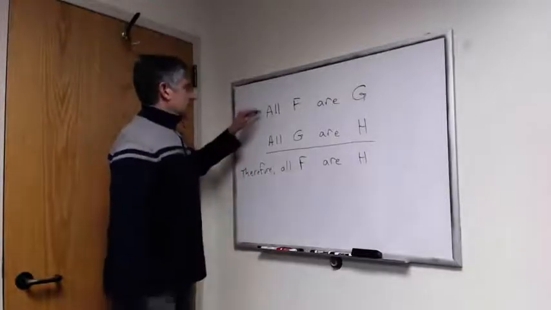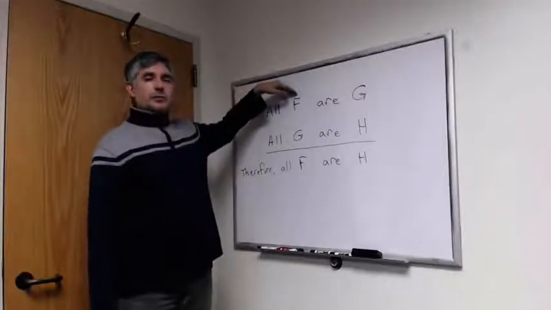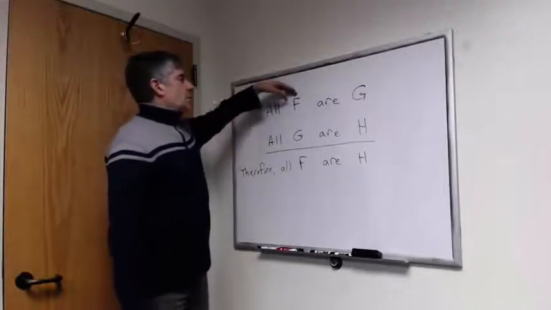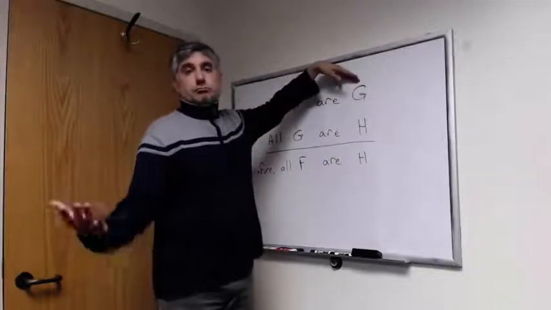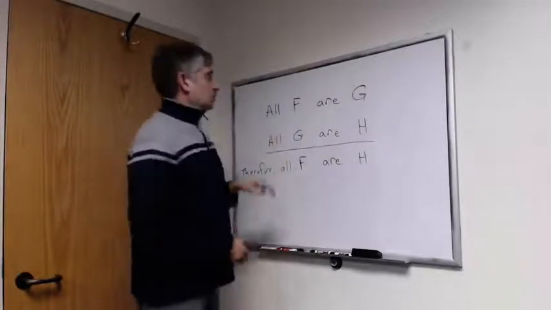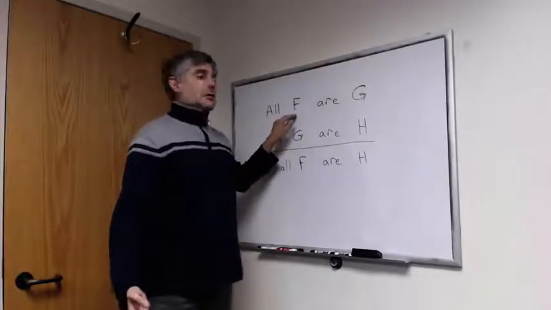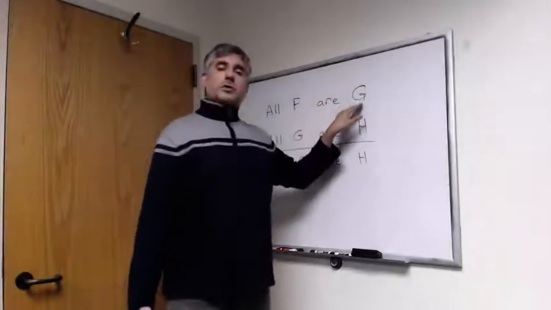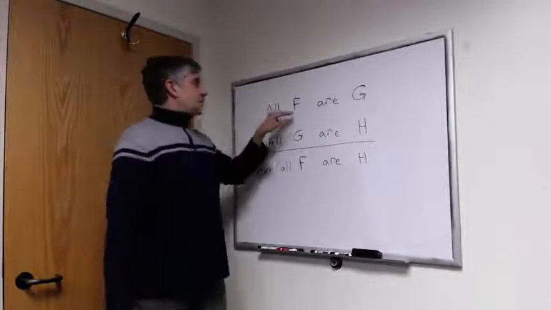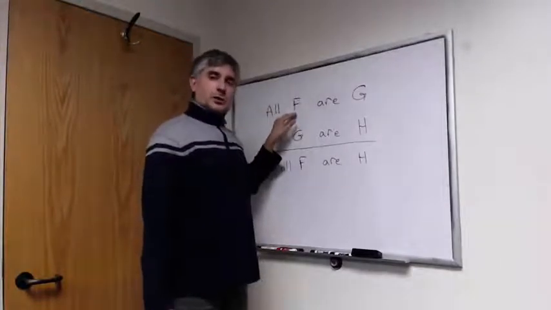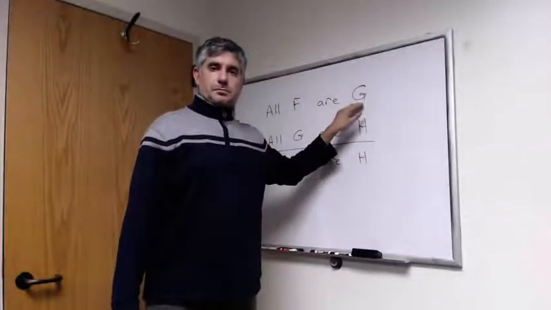The first premise says, all of the things that fall into one category, F, also fall into a second category, G. For instance, all things that fall into the category square also fall into the category rectangle. Or, all things that fall into the category squirrel also fall into the category mammal.